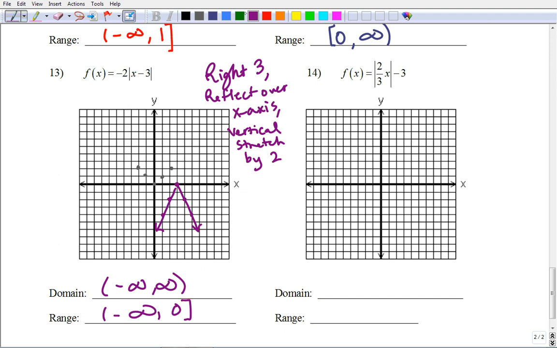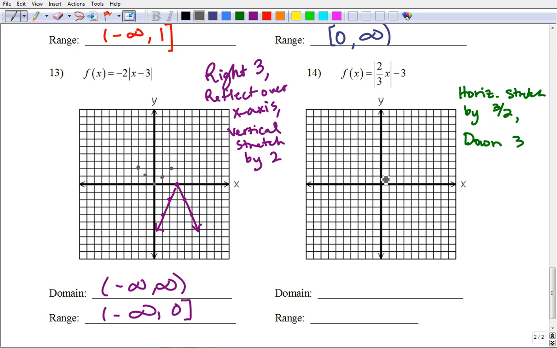And then the last one, here, the x values, I'm not going left and right, but I am multiplying the x's by 3/2. And that is bigger than 1, so that's a horizontal stretch by a factor of 3/2. And then we're going to go down 3.